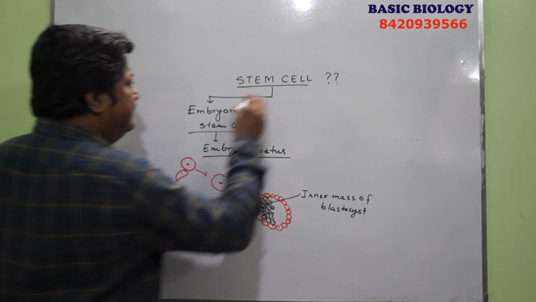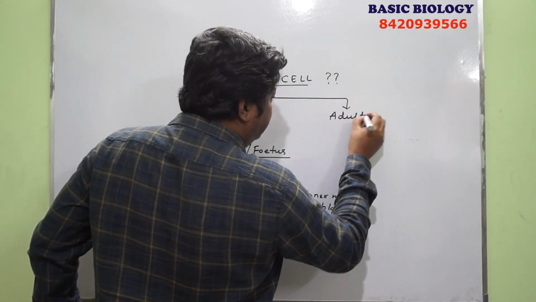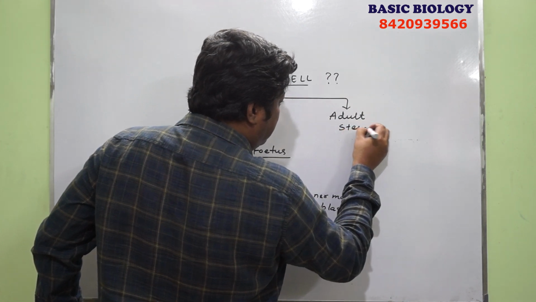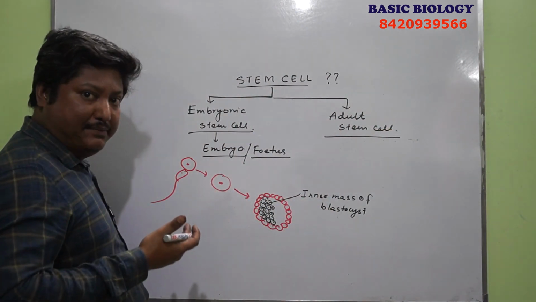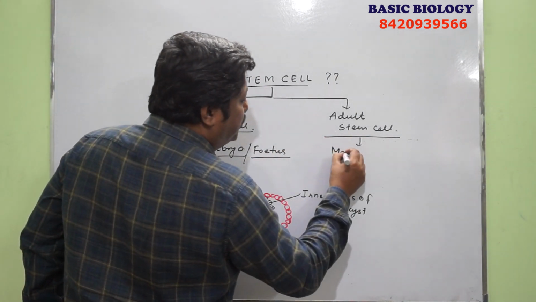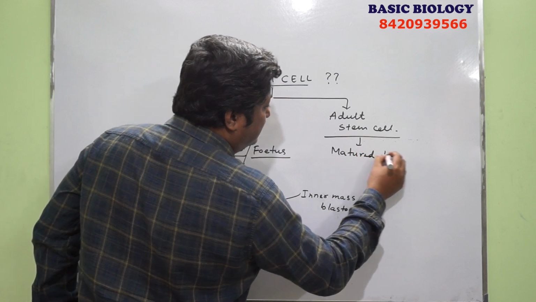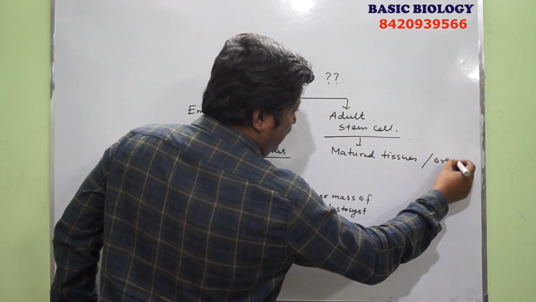And the other one is called adult stem cell. Now adult stem cells are found in adult organisms. Adult organism means it is found in the mature tissues or organs of our body.